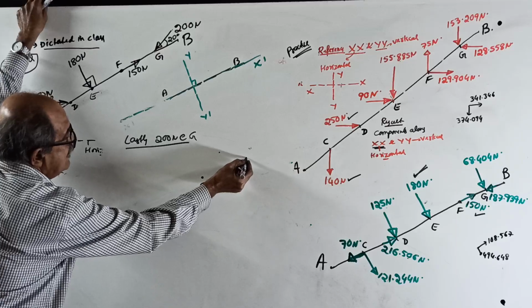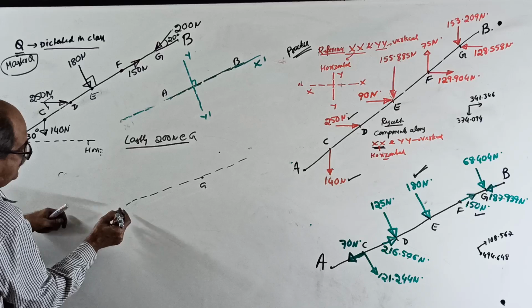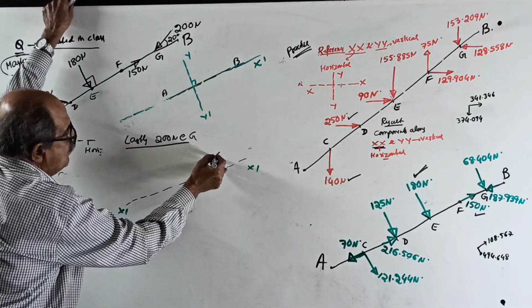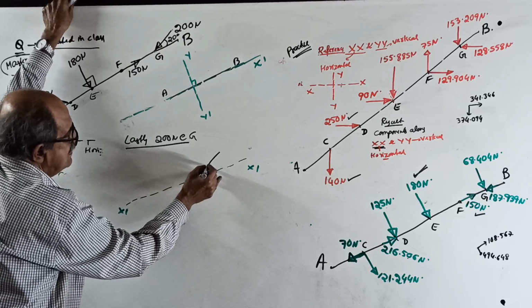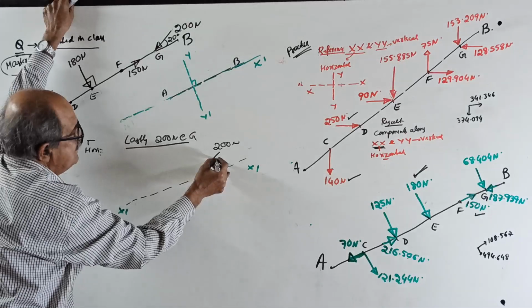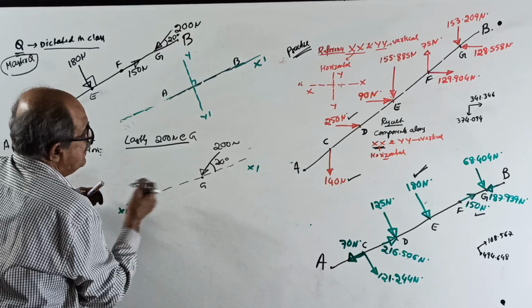This is your x dash line. 200 Newton force is here. They told it is making an angle of 20 degrees with x dash. Nearest angle is 20 only, directly.